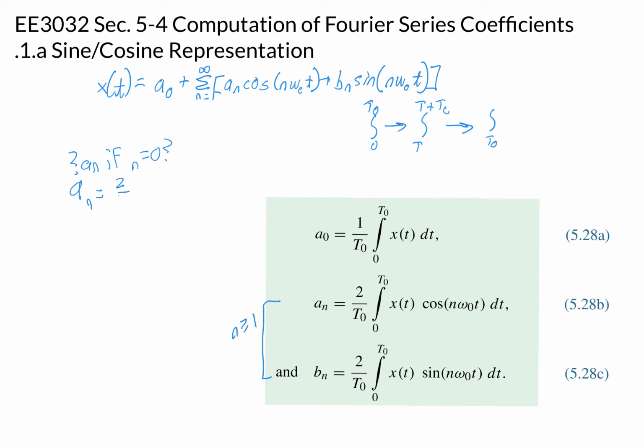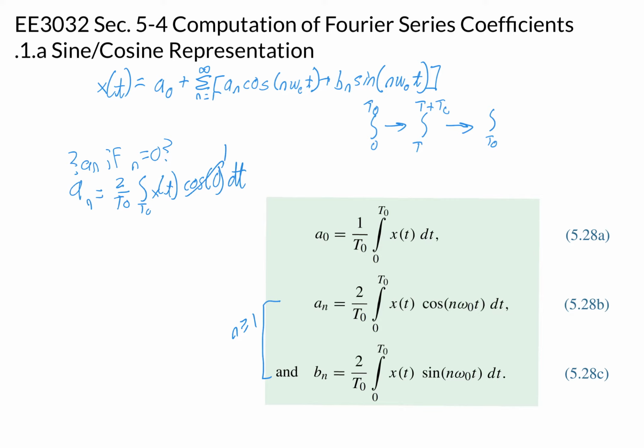We get 2 over t0, integrate over a t0 interval, x of t times cosine of n omega naught, that's our frequency, but n is 0 here. So we'd have cosine of 0 dt, and that's just 1.